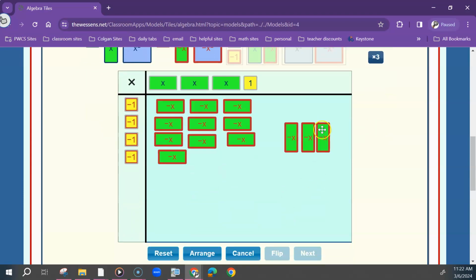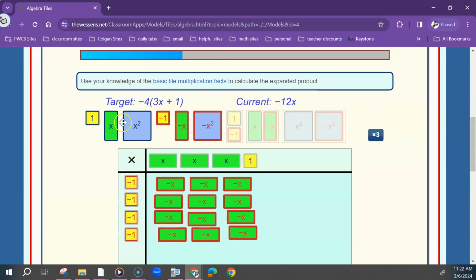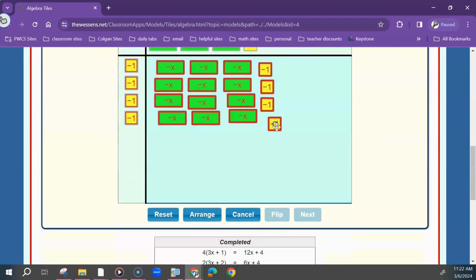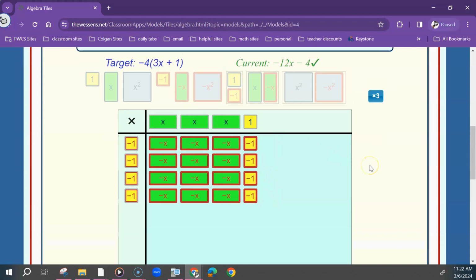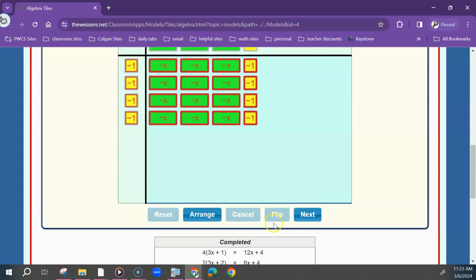And then -1 times 1, -1. So then if I calculated the total, I'd have -12x minus 4, which is the same thing as us just distributing.